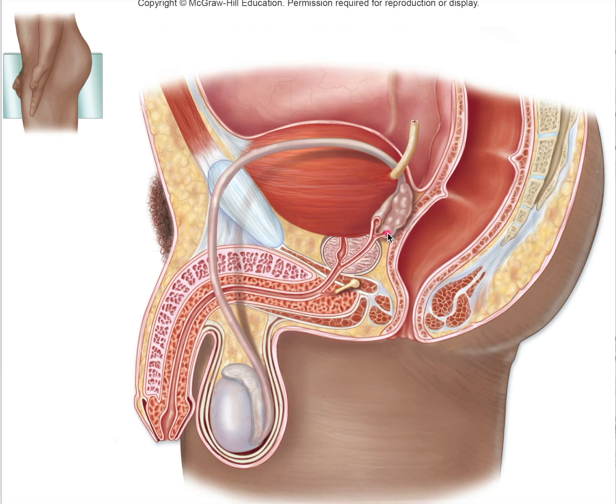And so the seminal vesicles are going to give the sperm fructose for energy and increased mobility. It's going to provide a substance which makes semen alkaline so that it counters the acidity of the female system. And it's also going to produce prostaglandins, which soften the cervix. So, like I said, our bodies are designed to reproduce. So even the semen has a way to soften the cervix so that the cervix can open.